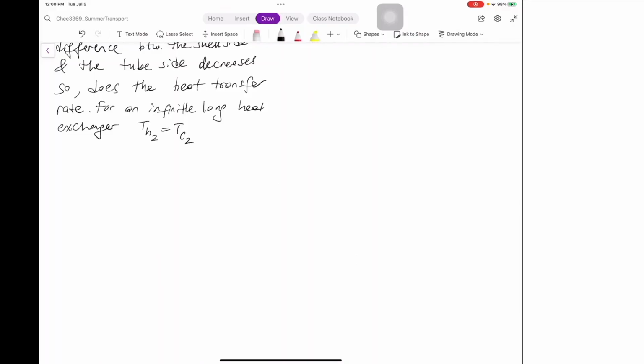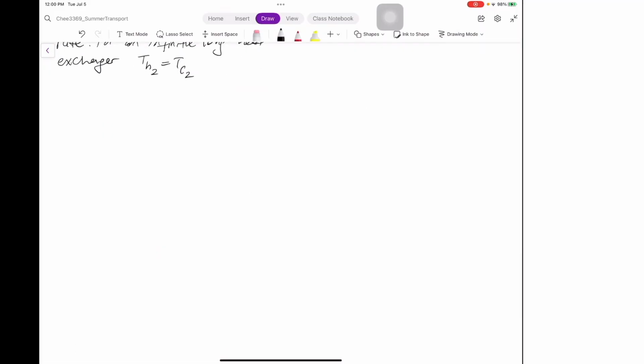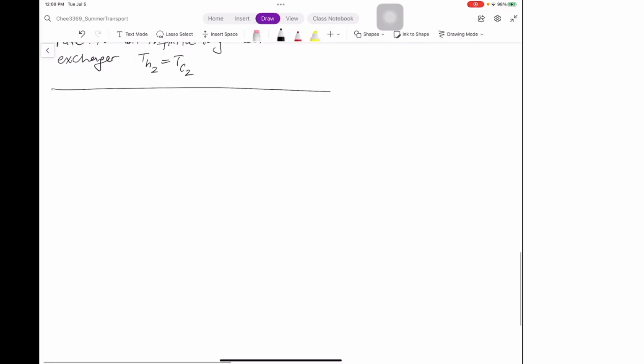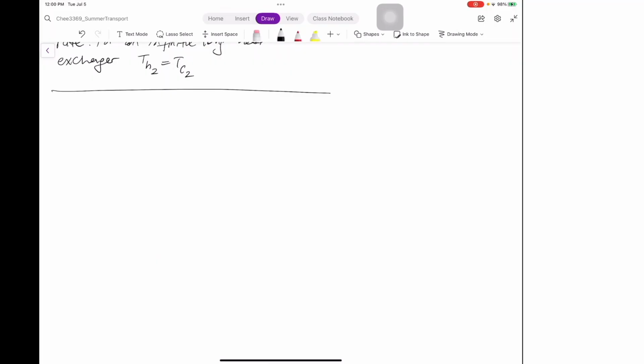Okay, so let's see a couple of special cases to get more intuition about what's going on. One case you can come up with is you can boil something or you can condense something.